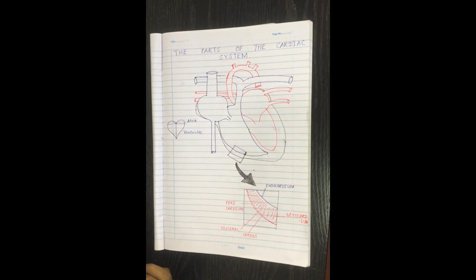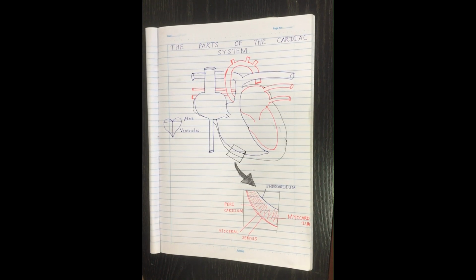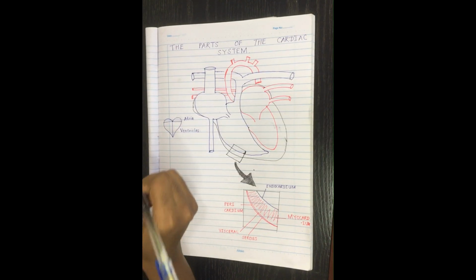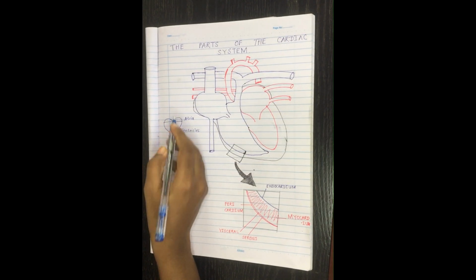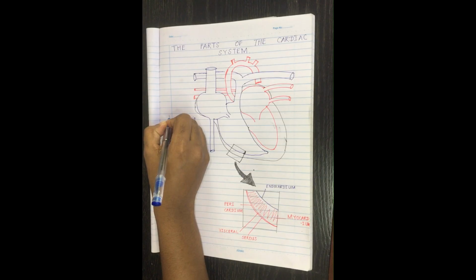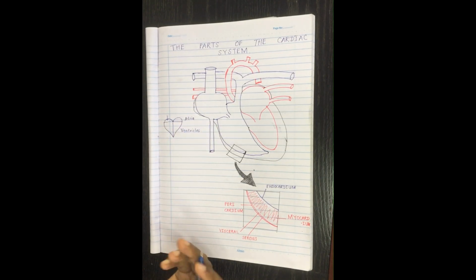Now I'm going to explain how blood flow in the heart happens. Let me draw this first. All the time, blood enters the heart in the atria, so it enters the right atrium. How can you identify the right and left atrium?